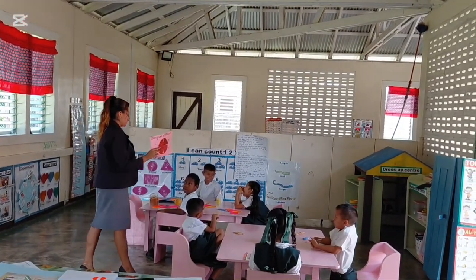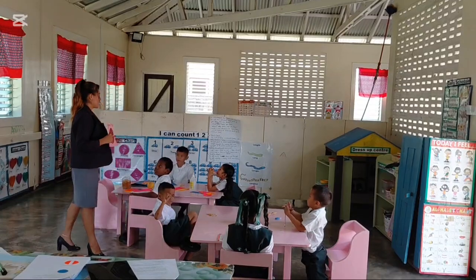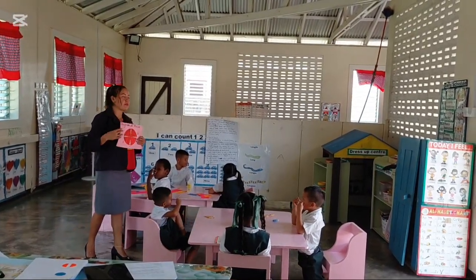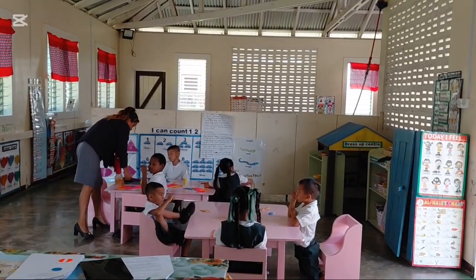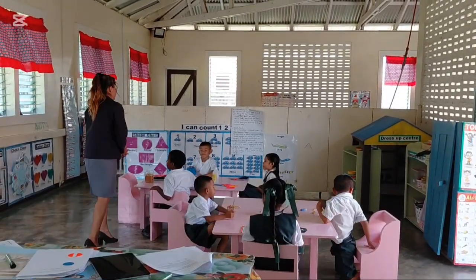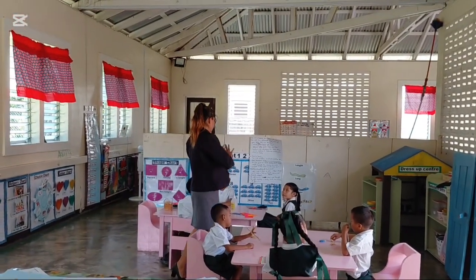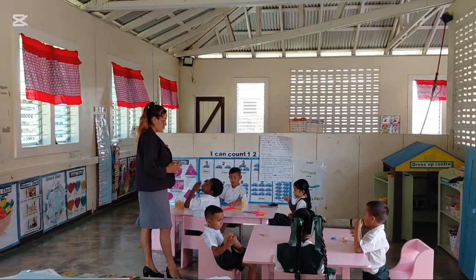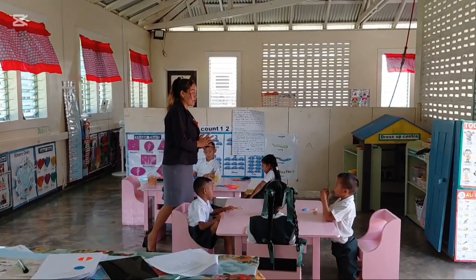You can use manipulatives, blocks, and all those things to show different pizzas, right? Good. So I'm going to ask you, what is a fraction? A fraction is a part of a whole. Good. A fraction is a part of a whole, right?